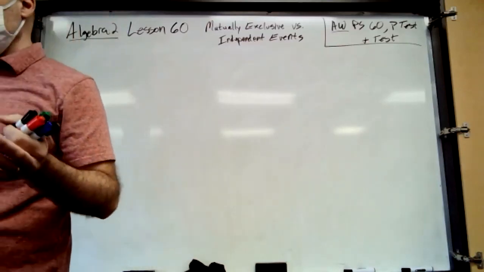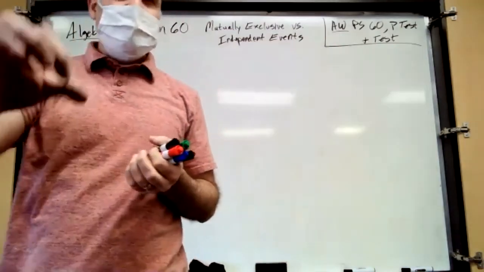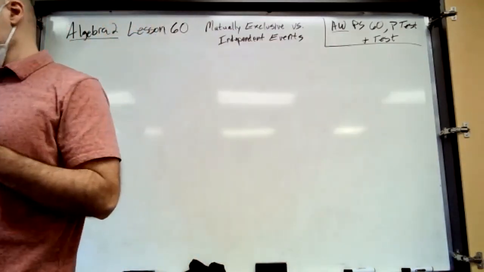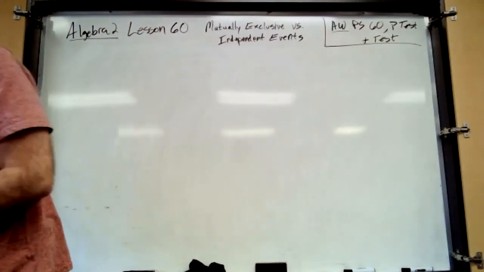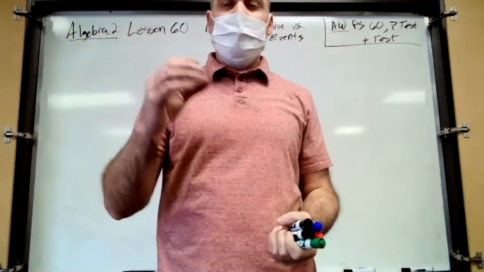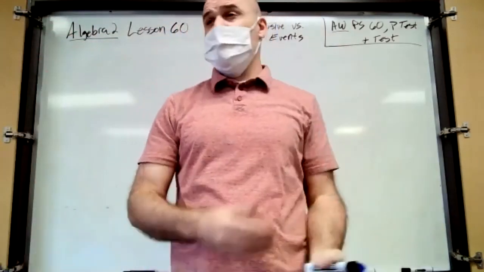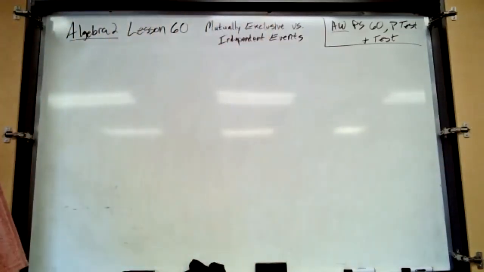In the set of prime numbers, there's a 2. In the set of even numbers, there's a 2. So they have a 2 in common. Disjoint events are events that have no outcomes in common. What's the probability of rolling an odd number or an even number? Well, those are all disjoint. There are no numbers in common.